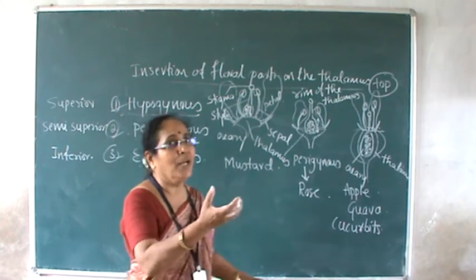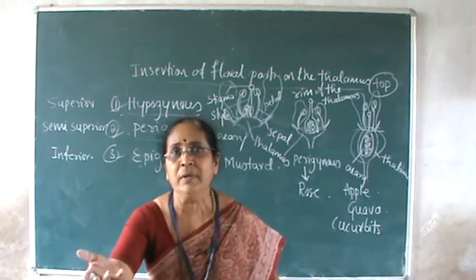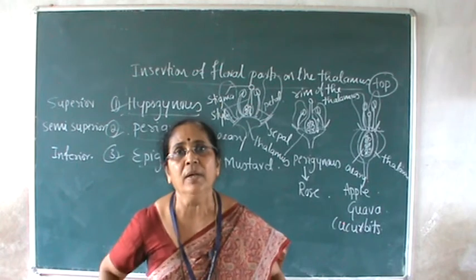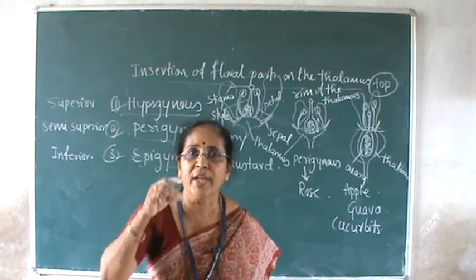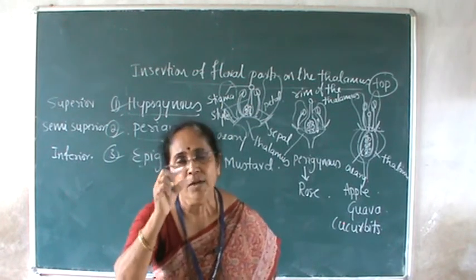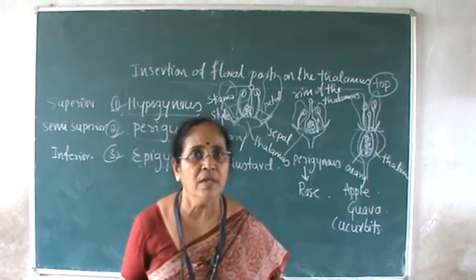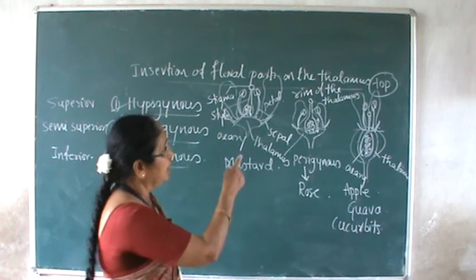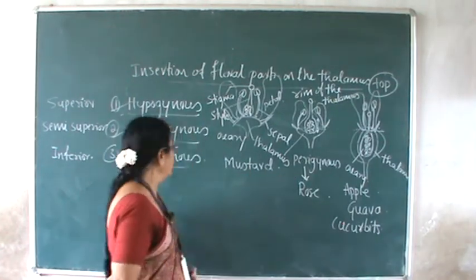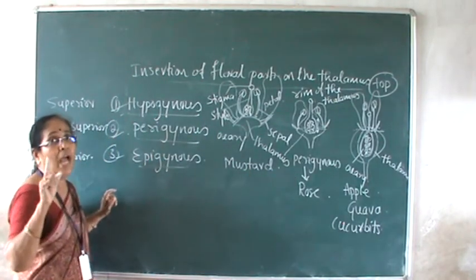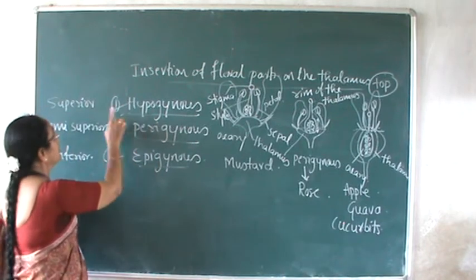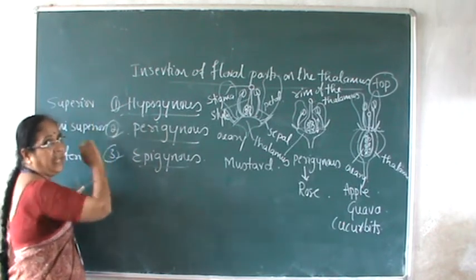You can see this in the cucumber plant in your home garden, because you can see the kai on the basal part of the female flowers. That condition is called the epigynous flower. Compulsorily, if you have described the flower as hypogynous, you must explain the ovary as superior.